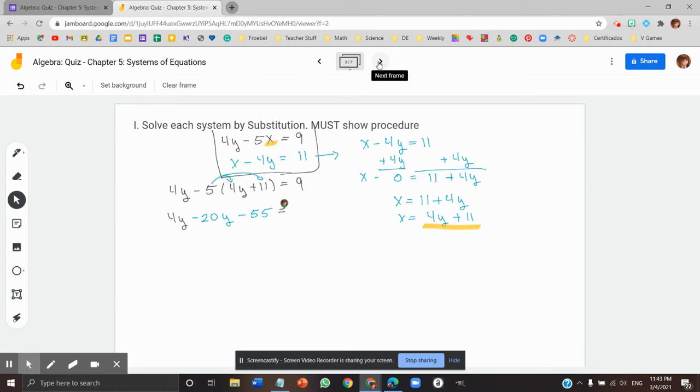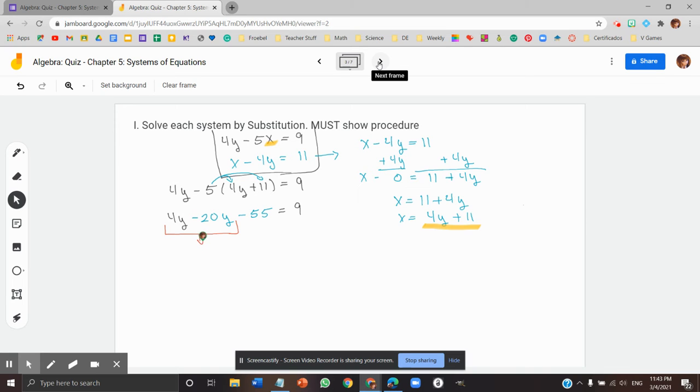I'm going to put everything back where it was. Now I do have terms that are alike, that's why we call them like terms. That means I can add them and subtract them. And how much is 4y minus 20y?